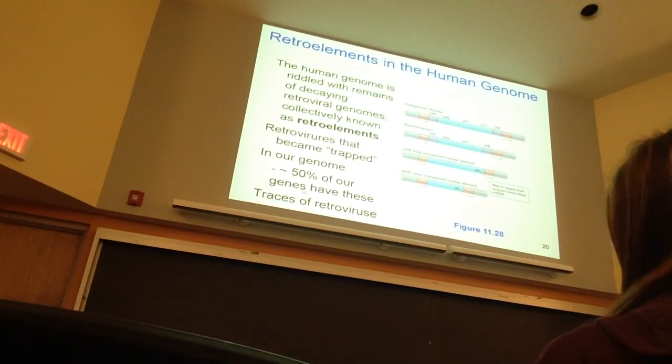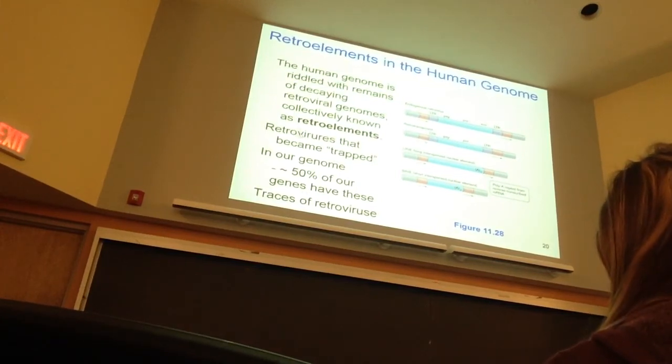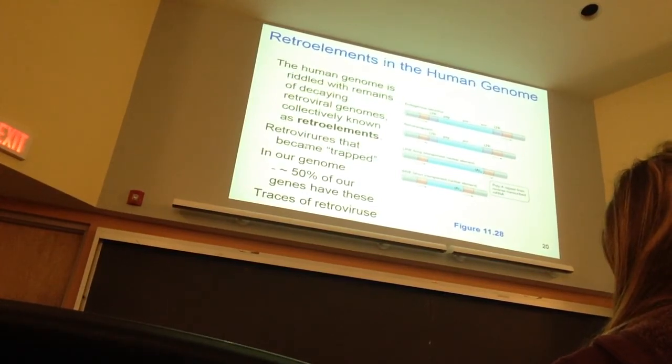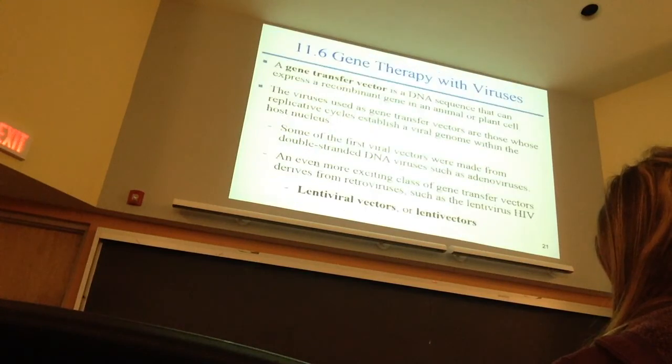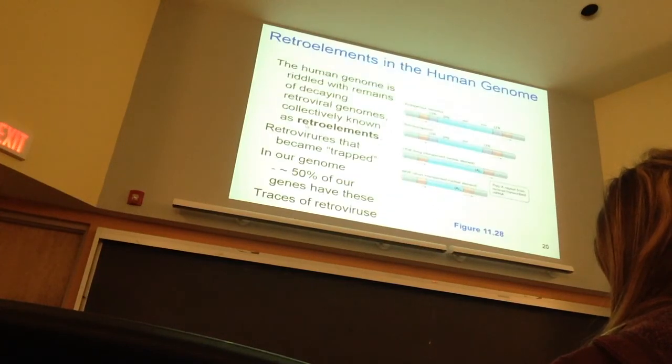So they're called retroelements. And it's a little bit of an interpretation: are these retroviruses, I should say viruses, that became trapped in our genome? So that's a question. About 50% of our genome has these traces of retroviruses.